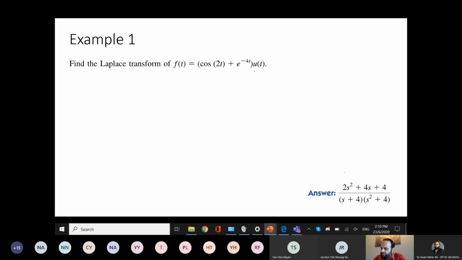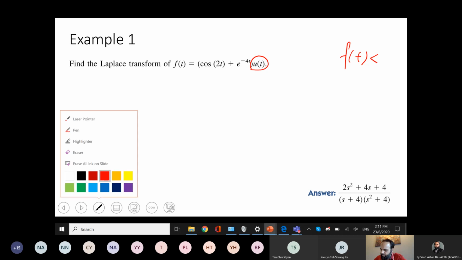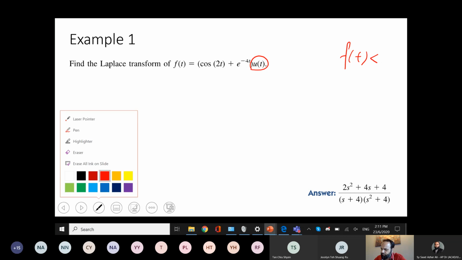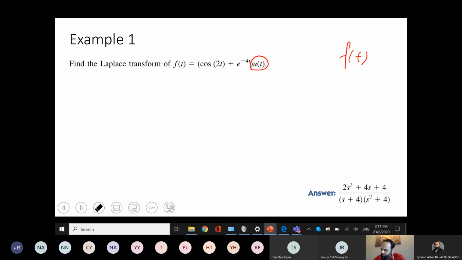There is a u of t, which I just mentioned shows that f of t is equal to 0 for t less than 0. So don't get surprised with this u of t. The main function is basically cos 2t and e to the minus 4t.